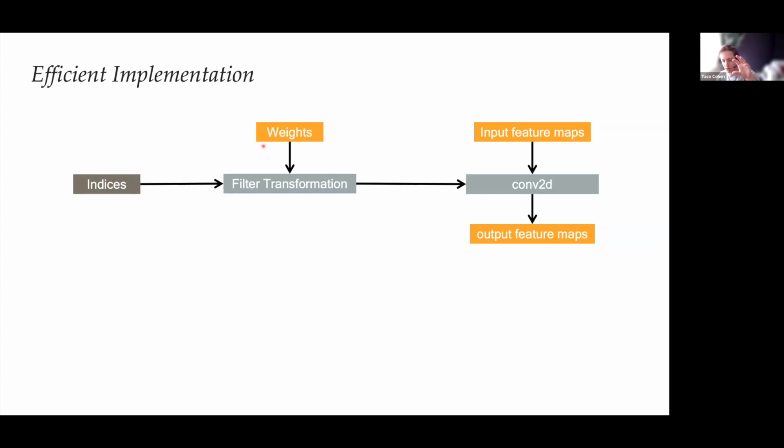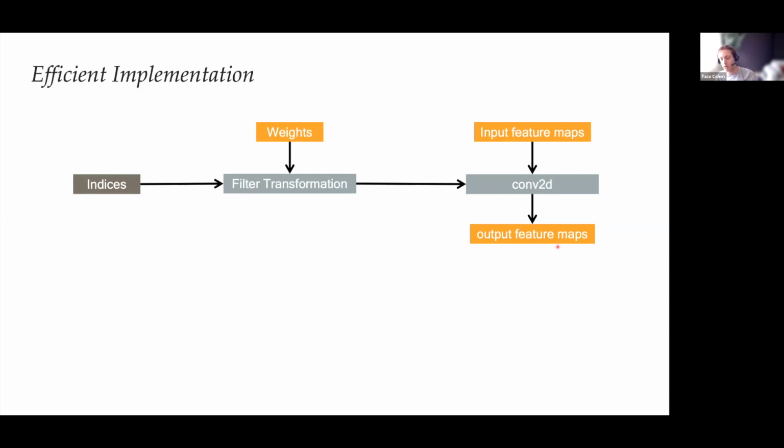So we create one copy in the upright orientation, one in the rotated, or in all four rotations basically, and that's the operation we call filter transformation. So now we get an expanded set of filters, and those we can just feed into the conv2d operation that you also use in a standard planar CNN. Apply that to the input feature maps, and we get our output feature maps.